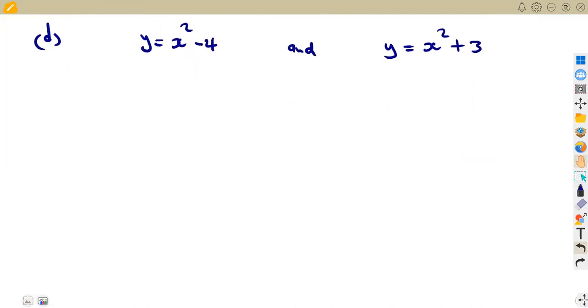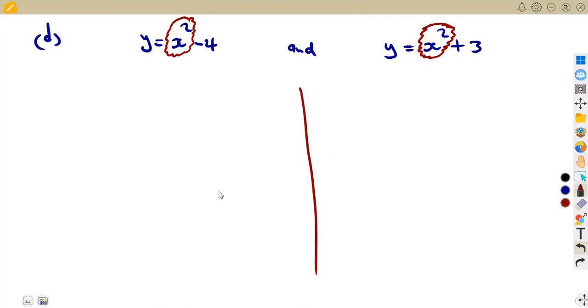These are the two graphs. Remember what I said, the original graph that we're supposed to have is y is equal to x squared, which is supposed to be like this. Remember our sketch, I talked about this. That is our x-axis.